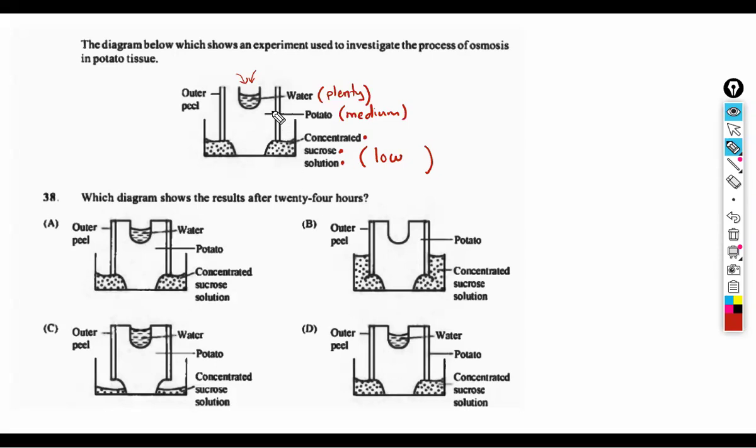Does water move in osmosis from an area of plenty to a little bit, or from a little bit to an area of plenty? I'll answer that question one time. Water moves from an area of plenty. You see where there's plenty water, it will move to areas that have a little bit of water. So in other words, this is the direction of flow.